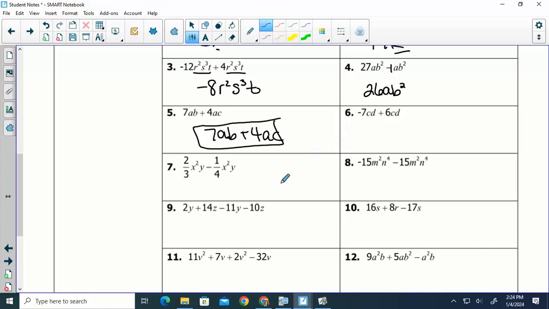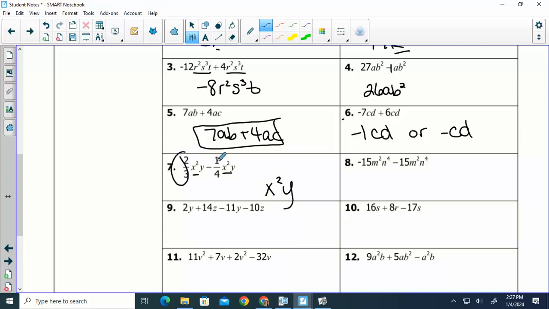All right, why don't you guys take a minute and try 6, 7, and 8 for me. So what'd you get for number 6? Negative 1 CD. Or you could write negative CD. Those are equivalent. Either one is fine. Number 7, I noticed a couple of you skipped it, but we're just subtracting. They both have an x squared y, so we'll have x squared y on the answer.